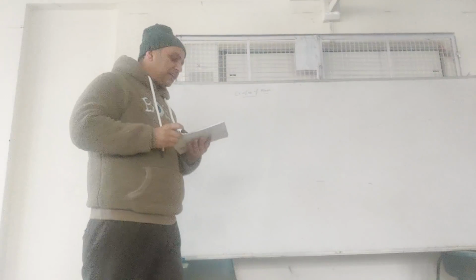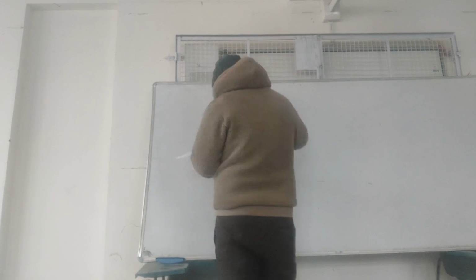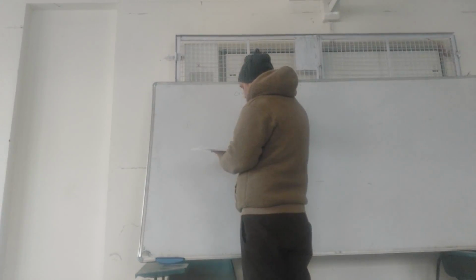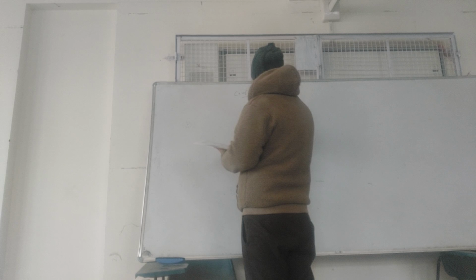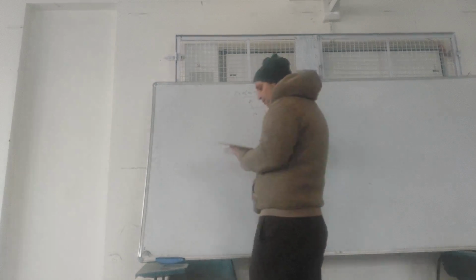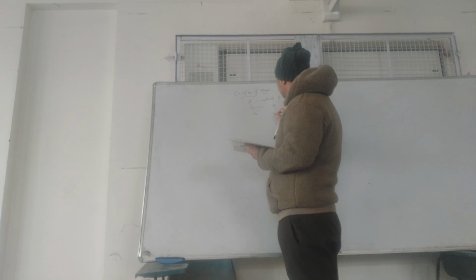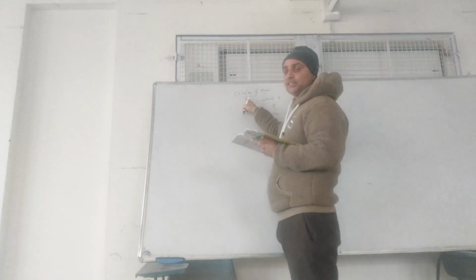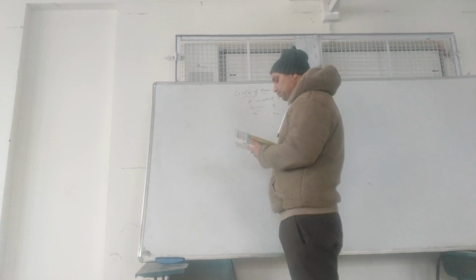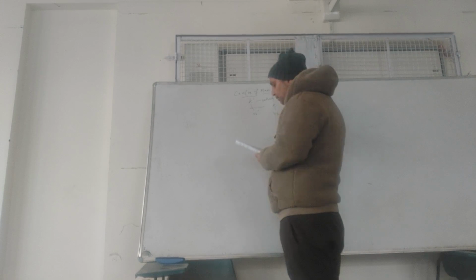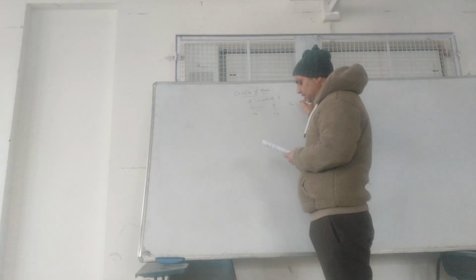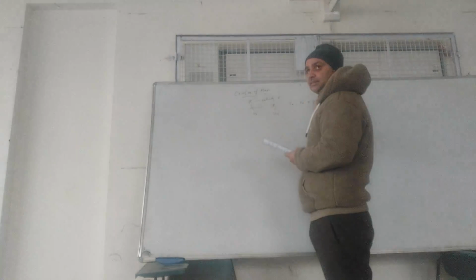So for example, the frame K prime has a velocity V, and there is another frame which is K, and such that the relative velocity of one frame vis-a-vis the other frame is this.